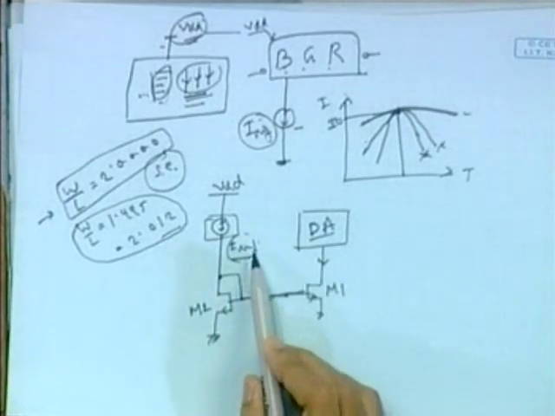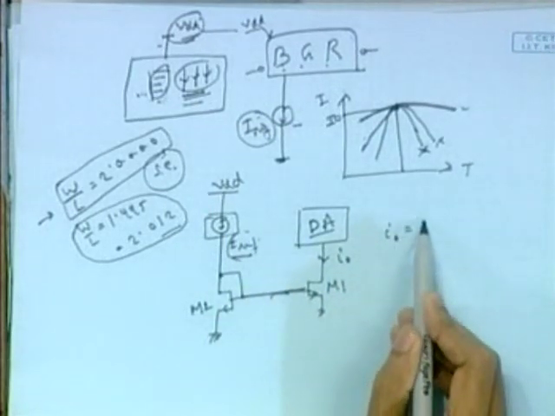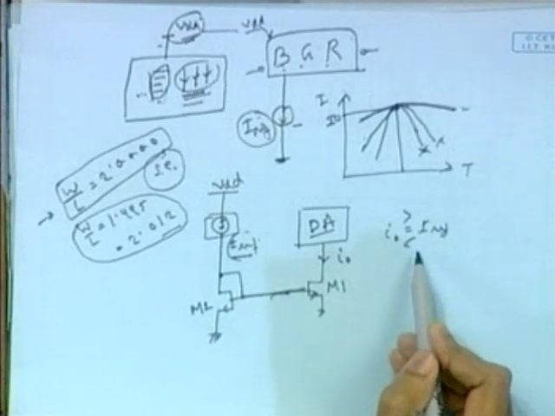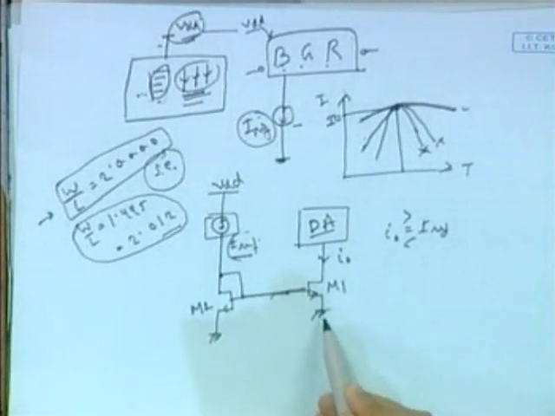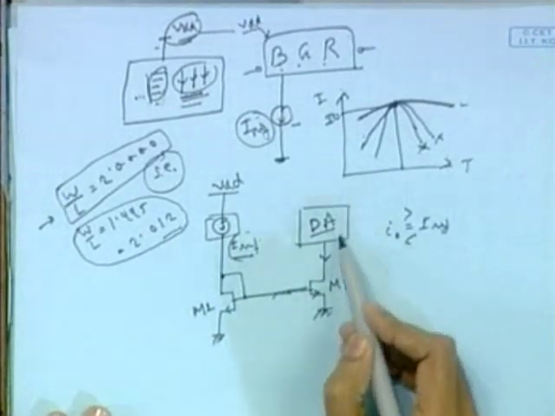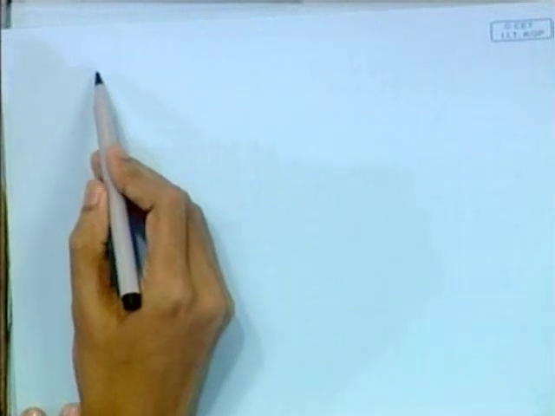We can make it the same. Call this I0, so we can make I0 equal to IREF. We can make it greater than or less than. Okay. So how this will work, we'll learn here. And for our understanding, we will replace that diff amp with a simple load.